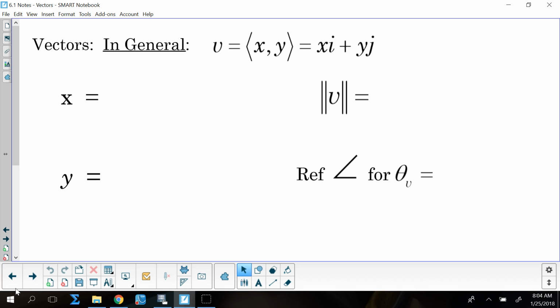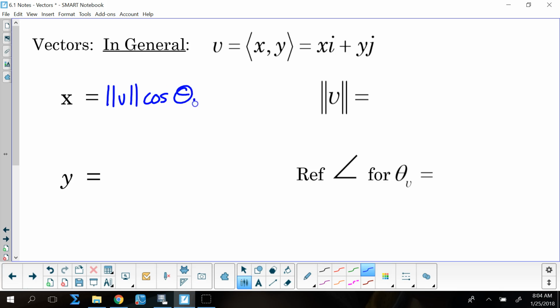The x part in the component form is equal to the magnitude of v times the cosine of v's direction angle. The y part is the magnitude of v times the sine of v's direction angle.